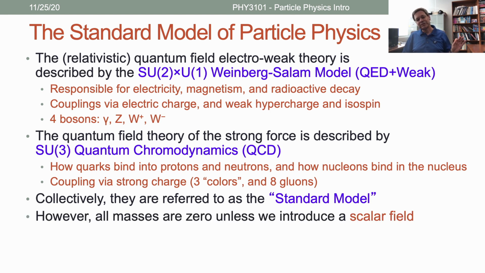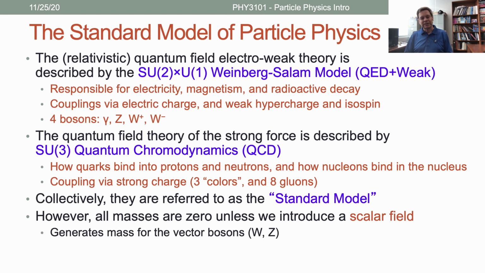Now, all the masses in these models, all those particles would have a mass of 0, unless we introduce a new scalar field, essentially in the universe, a field that has no spin. And that's necessary to allow the bosons that propagate the weak force to have mass, and they actually have a lot of mass, 80 GeV and 91 GeV for the W bosons and the Z boson respectively.